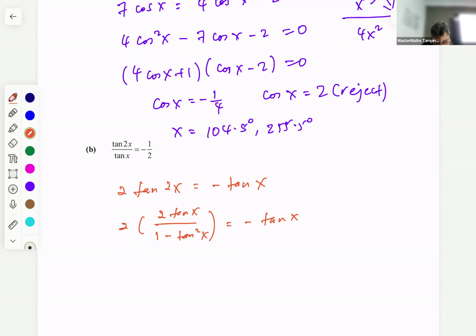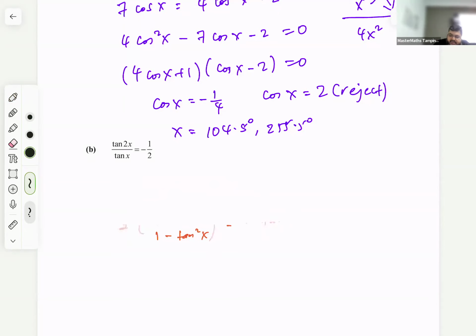Actually, you don't even need to cross multiply first. That makes my life a bit easier. You know why? Tangent x and tangent x, I can cancel it off if I don't bring it over.